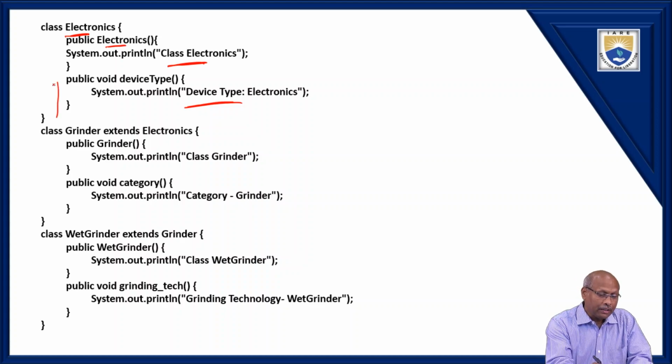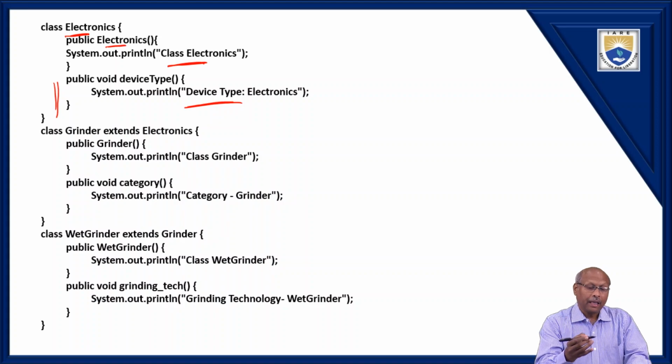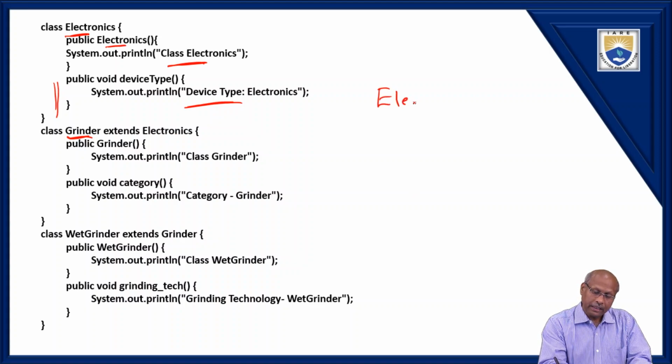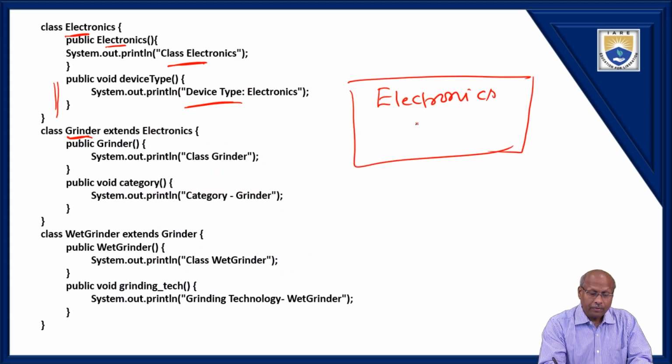So that means this method will be available to the grandparent. Now the same method should be available to my child also. Here the grinder is the child of the electronics class. So now grinder extends electronics. So now electronics is my class having a method called display device type.